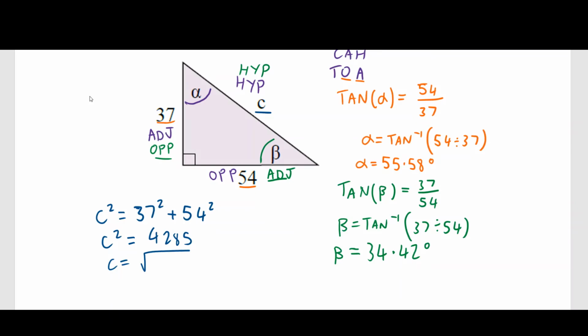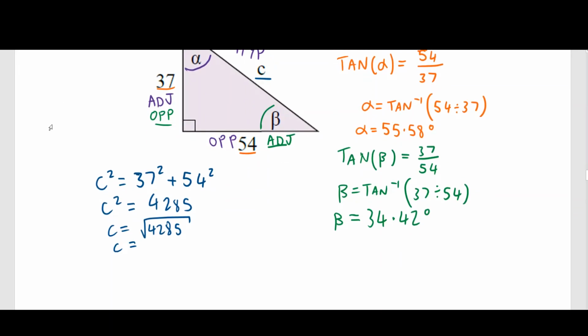So C equals the square root of 4,285, which is 65.46.